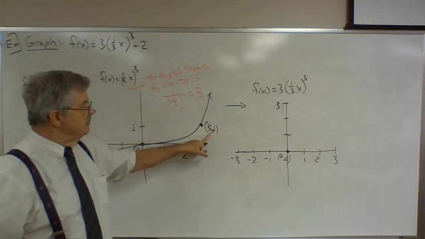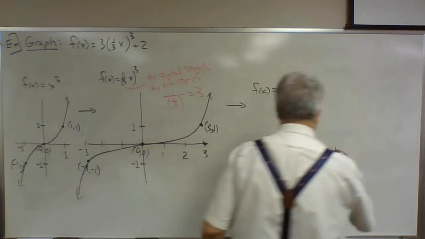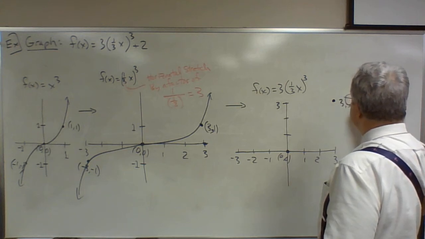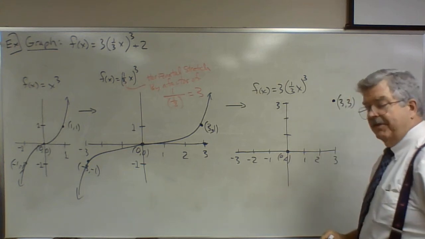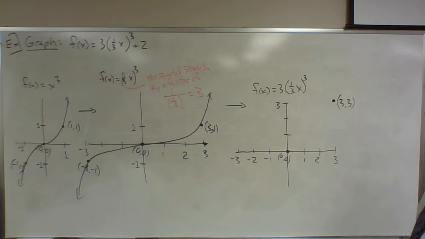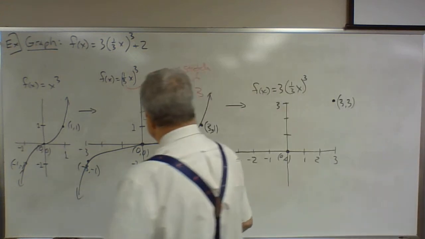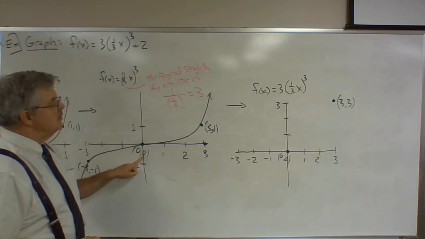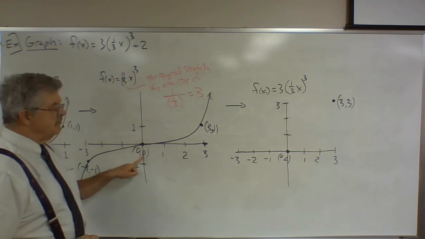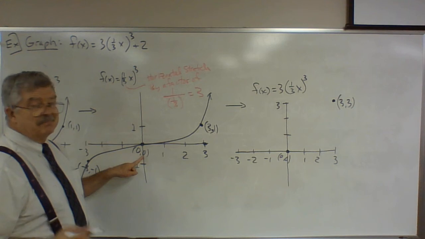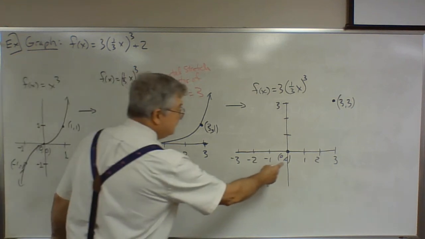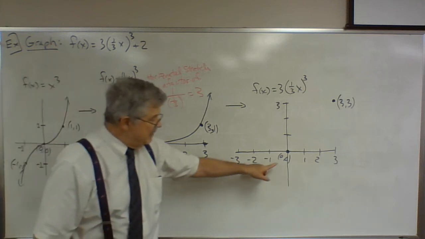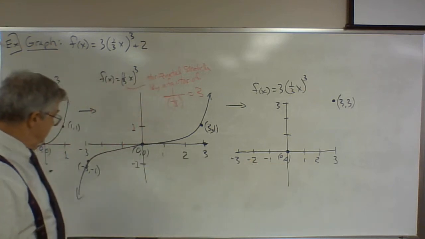So this point becomes 3, 3 on the new graph. Let's look at this point. I take the y coordinate and I multiply it by 3. Well, 3 times 0 is still 0. So this point remains the same on the new graph.